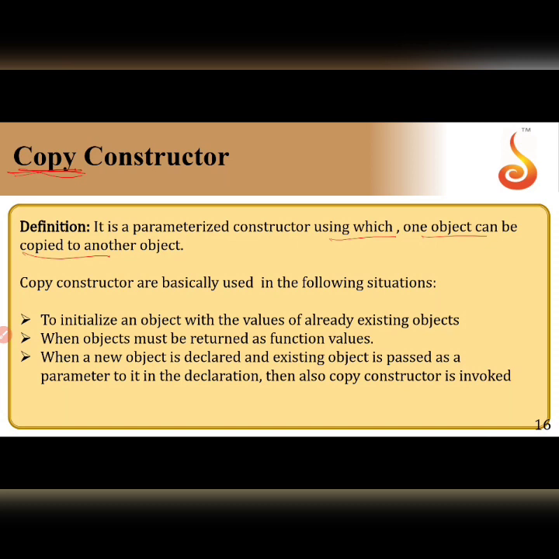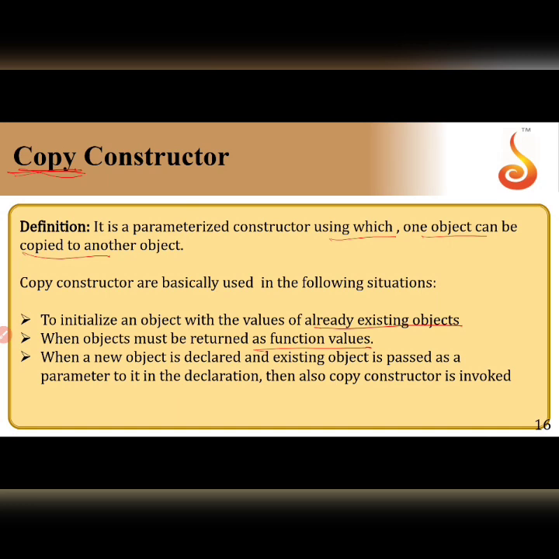Getting it? Now we'll go through this. When do we use a copy constructor? To initialize an object with the values of an already existing object, correct? When objects have to be returned as function values. If you want to return an object, you can declare an object, initialize it to an already existing object and return it.